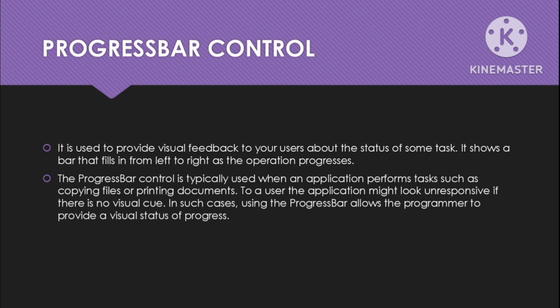To a user, an application might look unresponsive if there is no visual cue. If the user is copying and pasting and the progress bar is not available, then whether the task is done or not will be a clueless thing. So this progress bar is used to show the progress.